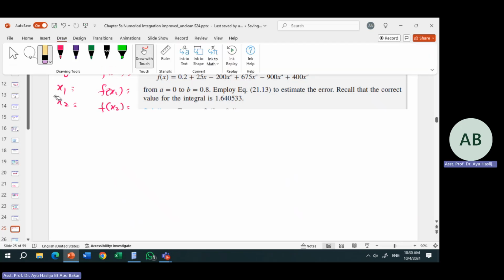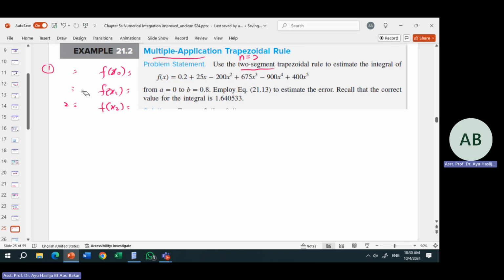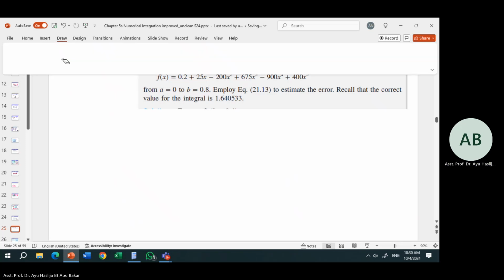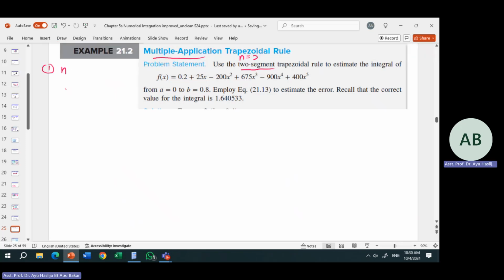Okay, wait, we go step by step. First, your n given as 2. Find your h. Okay, n equals to 2, so find your h. After that, only you can find your points. Okay, h is b minus a, 0.8 minus 0 over 2. 0.4, correct.